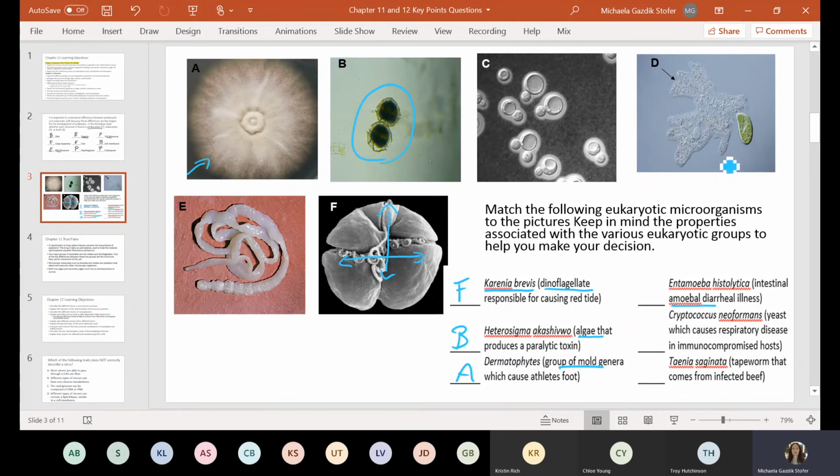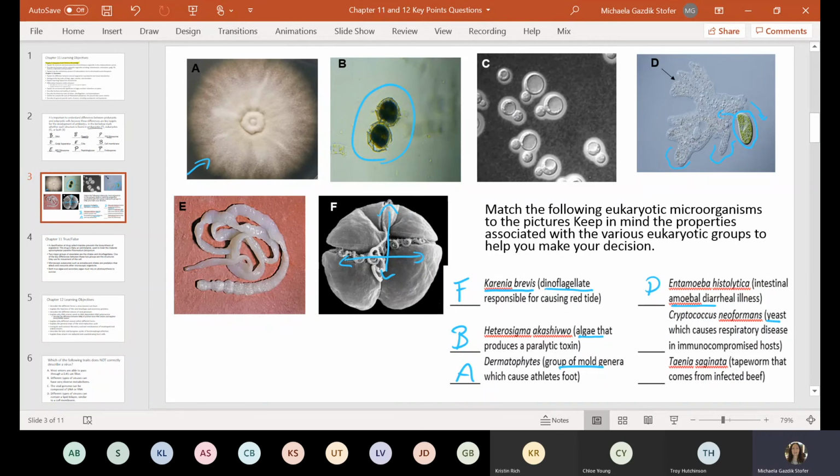We can see here all of the pseudopods in this structure, and this little one, which you'll notice is green in color, so it's probably either a small algae or a cyanobacteria, but it's going to be engulfed. We can see those pseudopods coming out to take this in to consume it and eat it. So our amoeba here is D.